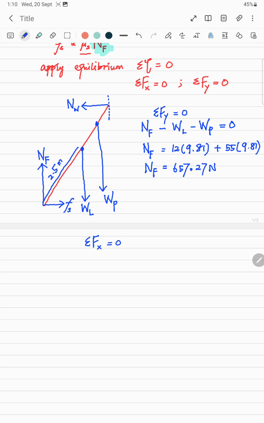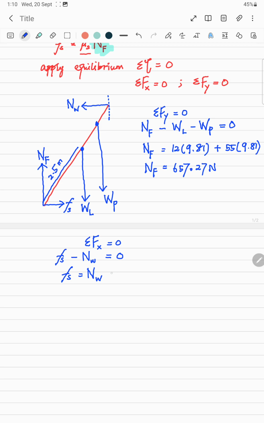If I consider all the forces acting horizontally, I will find that the static friction is pointing towards the right, and the normal force from the wall is pointing towards the left. So Fs minus the normal force from the wall equals 0. It means that the static friction force is equal to the normal force exerted by the wall.